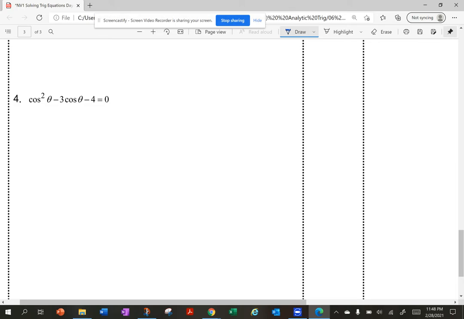Next equation, cosine squared theta minus 3 cosine of theta minus 4 equals 0. So I'm solving this similar to x squared minus 3x minus 4 equals 0. This is where a equals 1, so I want the factors of 4.